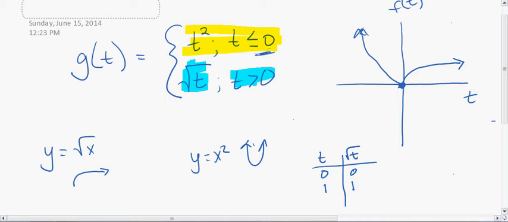The square root of 2 is kind of difficult to graph, so let's think about the next perfect square, the square root of 4. That would be 2. You can kind of see how it's going to curve up quickly at first and then start to level off. So there's another example of a piecewise function.